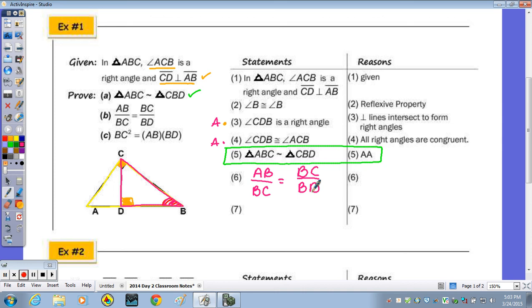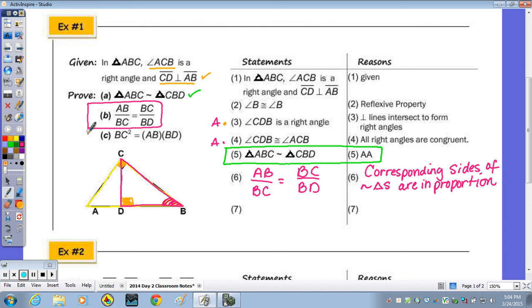And my reason would just be that corresponding sides of similar triangles are in proportion. Some proofs will have you stop right here.